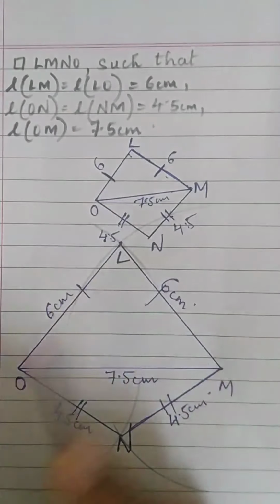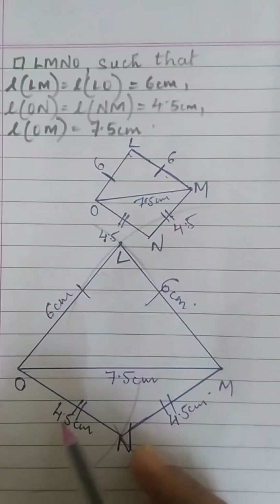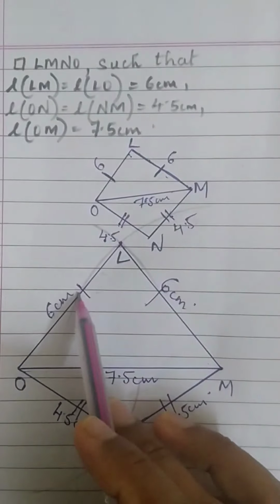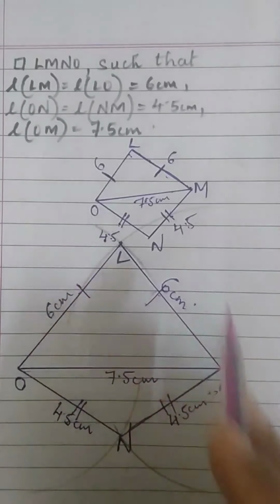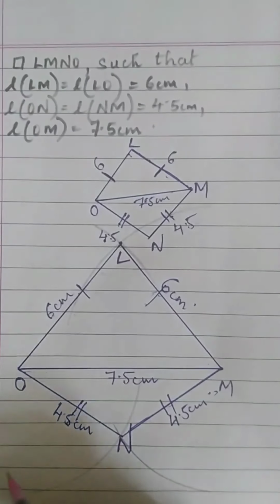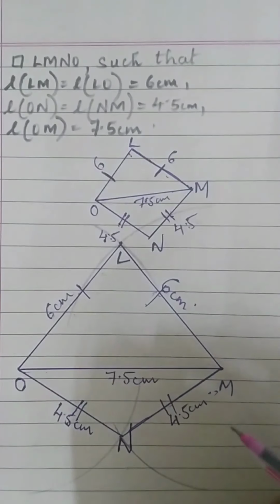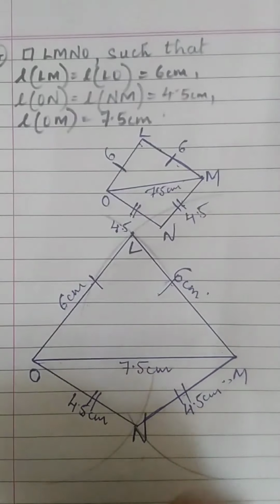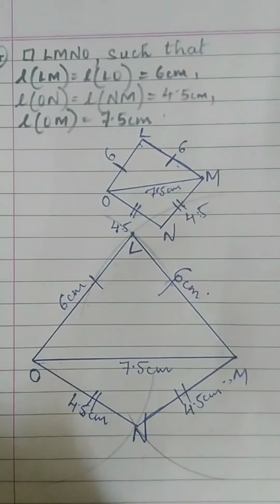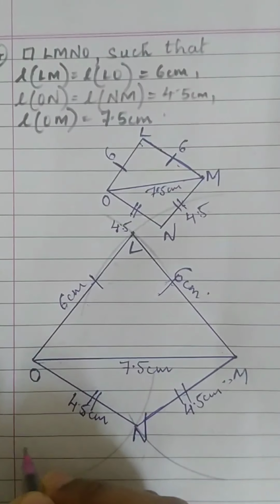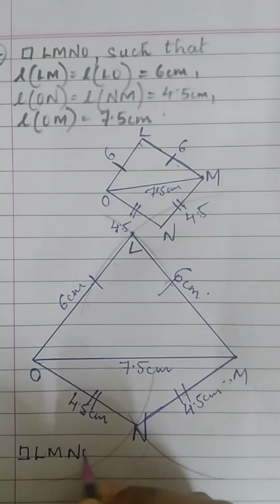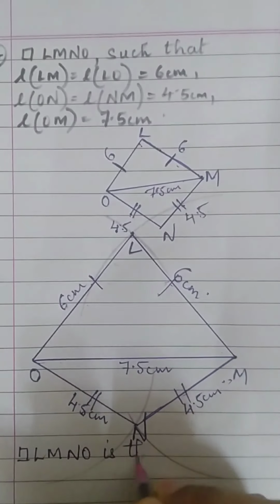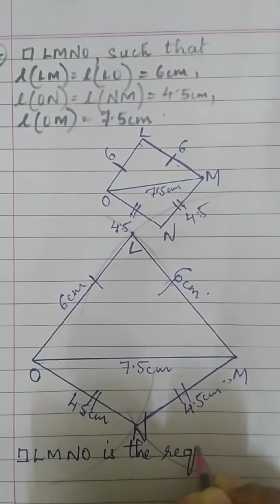Now this type of quadrilateral where only the adjacent sides are equal is called a kite. This quadrilateral is called a kite. We'll be discussing types of quadrilaterals in the next part. The final statement: Quadrilateral LMNO is the required quadrilateral.